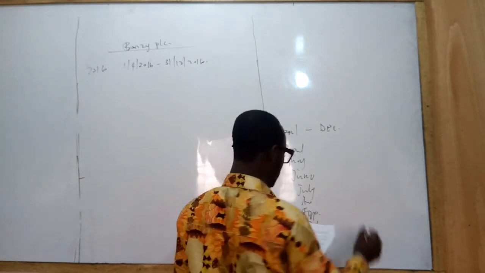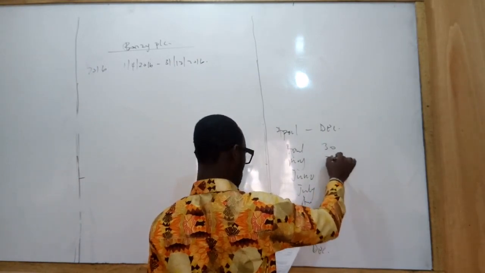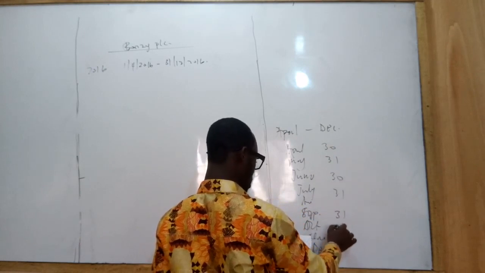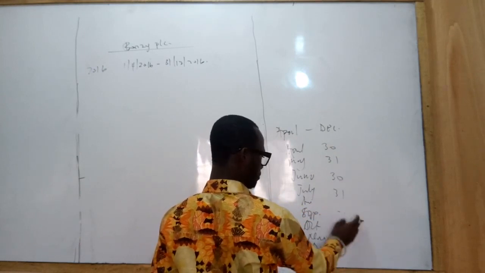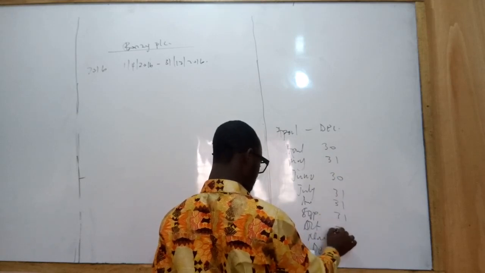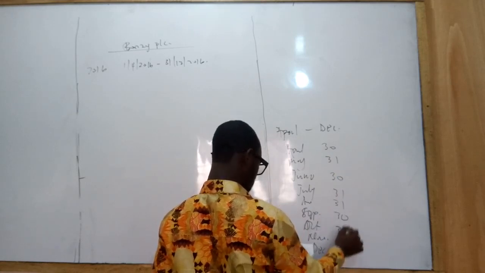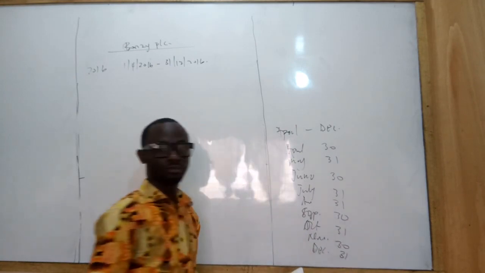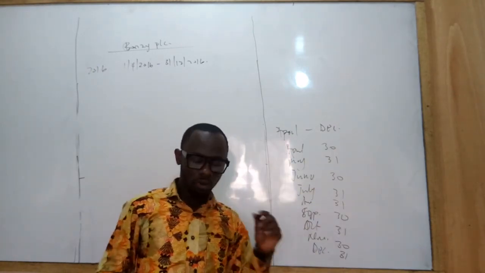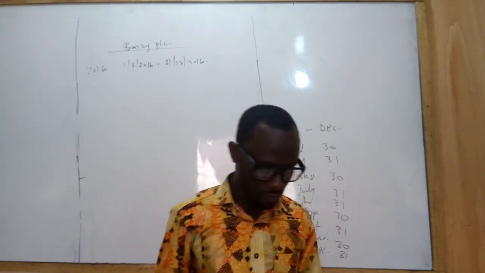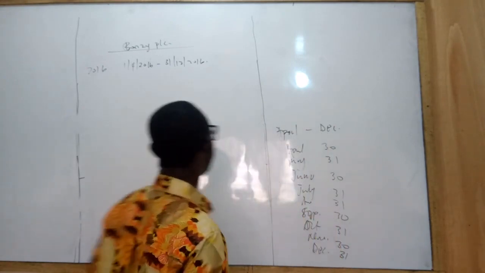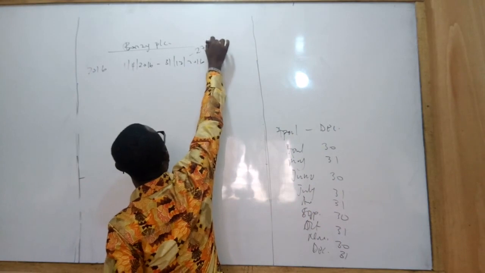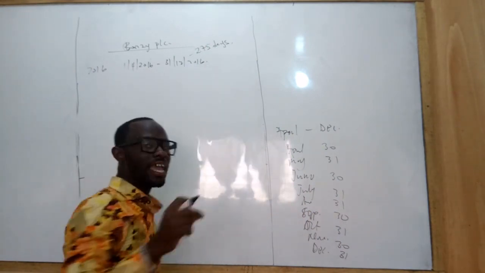How many days are in April? 30. May, 31. June, 30. July, 31. August, 31. September, 30. October, 31. November, 30. December, 31. So when we add all, we will get what? 275 days. So meaning that from 1st April to 31st December, 275 days.